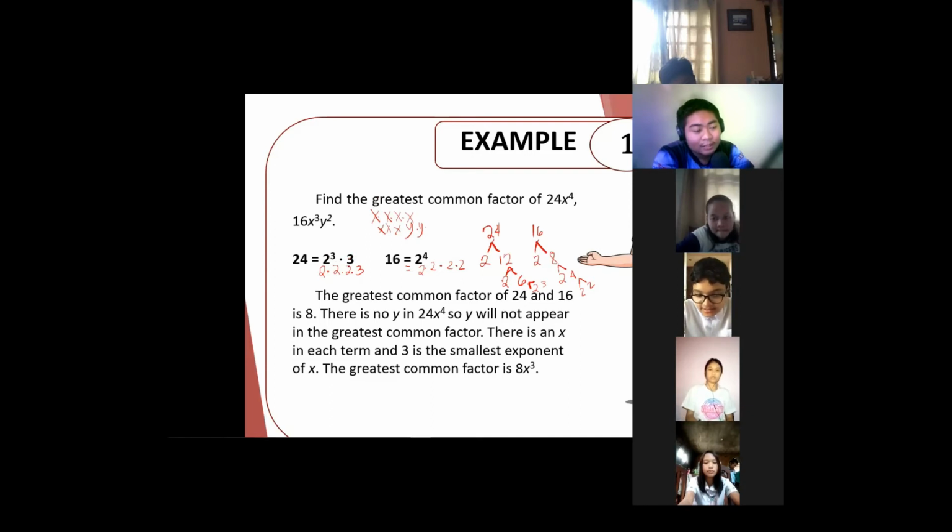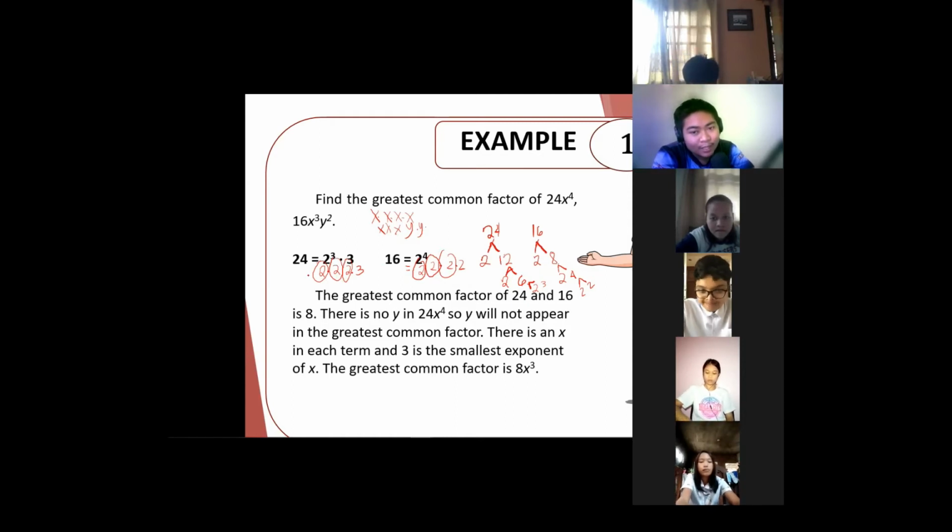Copy all the numbers or the factors that are the same to each other, or get their common factors. So ano yung mga yon? We have 2, 2, 2, and another 2, 2. Meron pa ba silang ibang factor aside from the 3, 2? Okay.